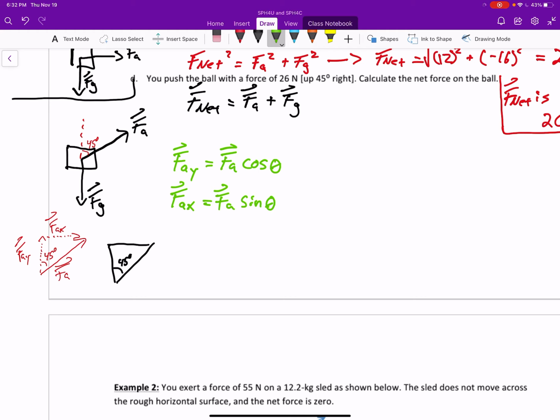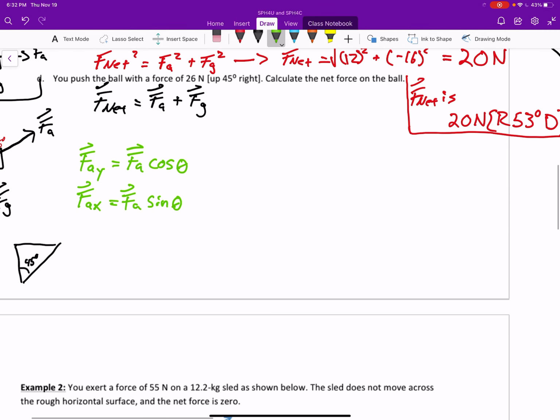Then what we can do is use Newton's first law in the two directions. So the nifty thing is that we can now change our F net equation. We can get F net in the y direction will be the sum of all the y forces.